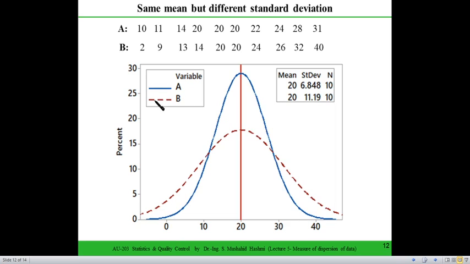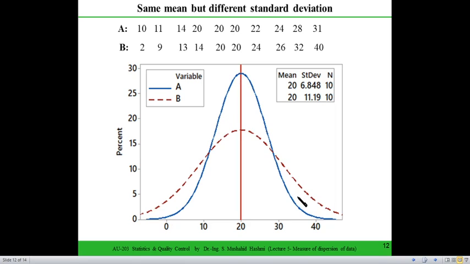Red is B and blue is representing A. So the bigger value is representing more spread of the data. 11.19 is a bigger number than 6.84, and you can see the spread of the data for B is much bigger than the spread of the data of A.